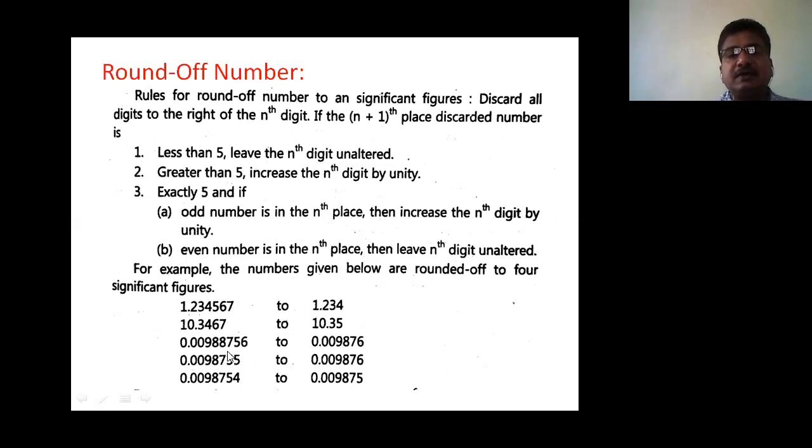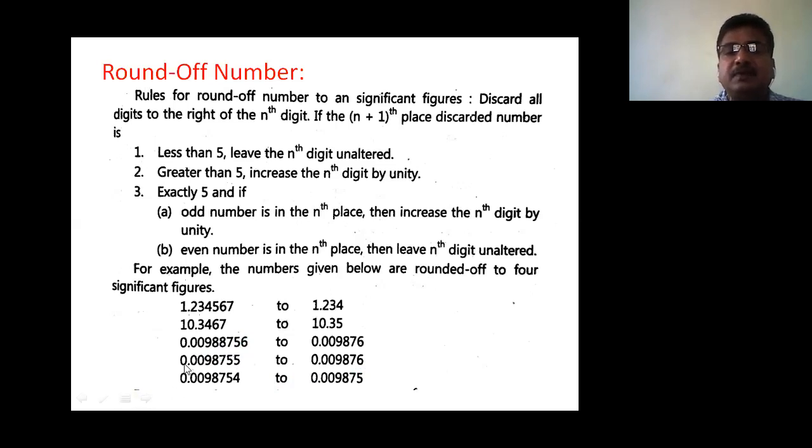Okay, so here the previous digit is 7, so here, for example, we have 7, and therefore 9876.